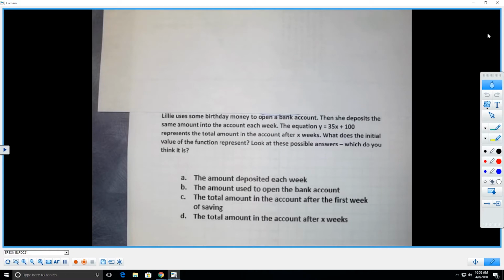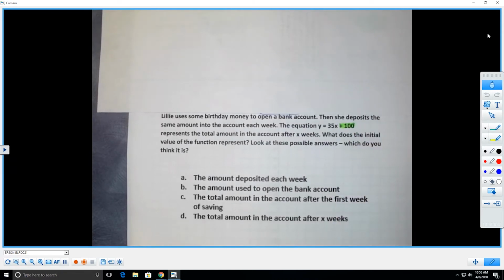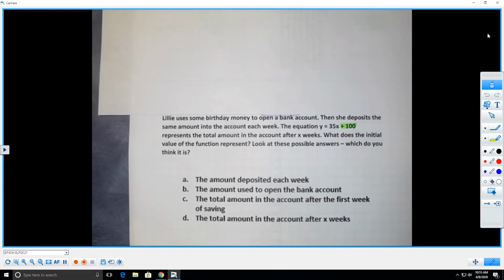Look at these possible answers. Which do you think it is? So I want to know, what does the initial value represent? Take a moment to choose your answer and then think about a reason for your response.